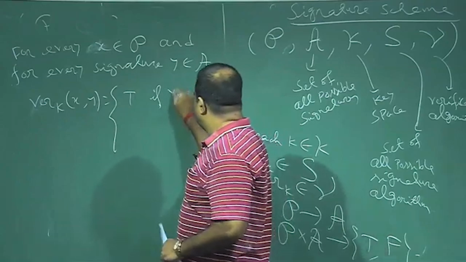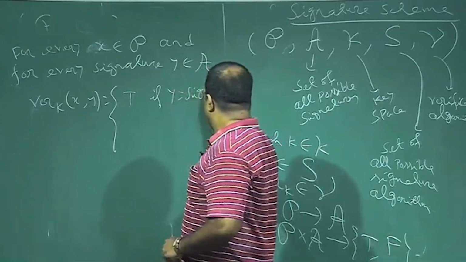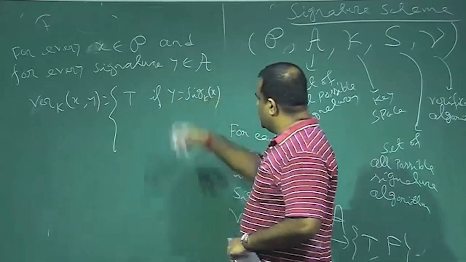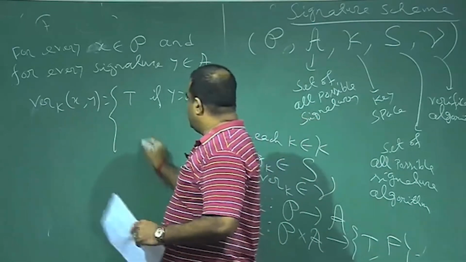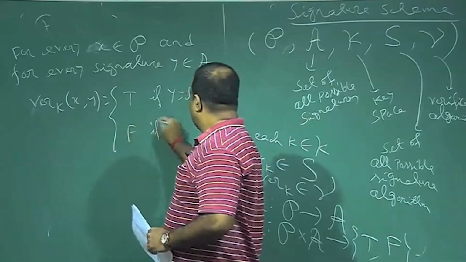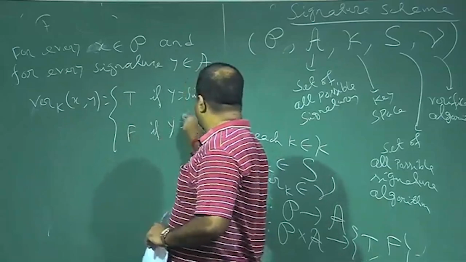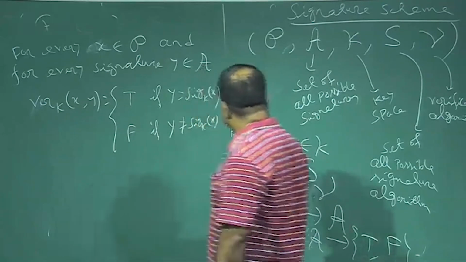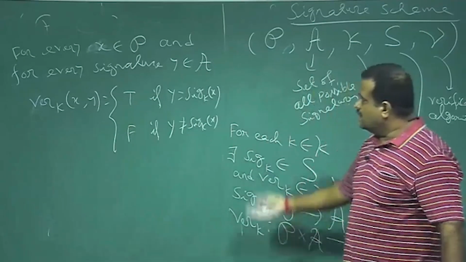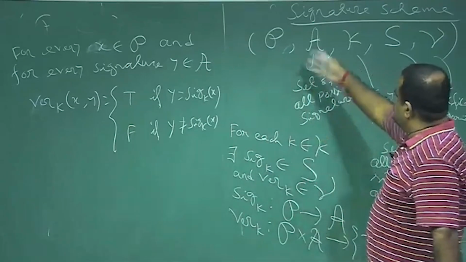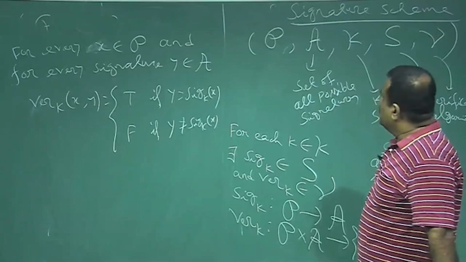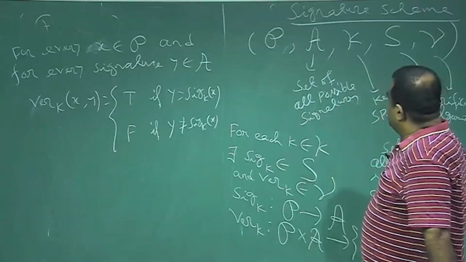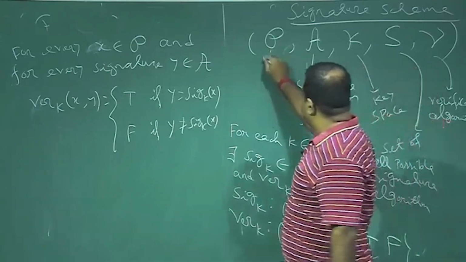So, if x was signed and this is the signature, it is true, and false if this is not y. Okay. So, this is the formal definition of a signature scheme. It is basically a 5 tuple, and this is the plain text space.